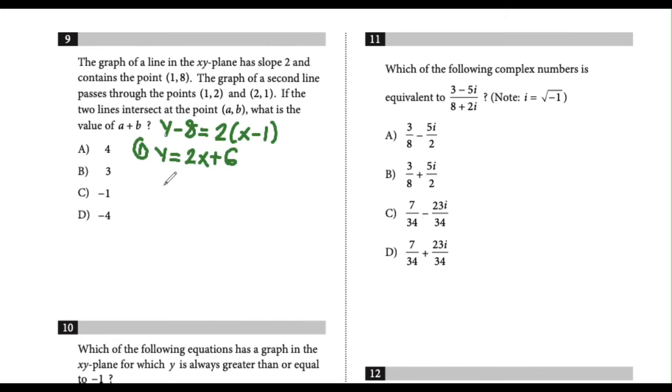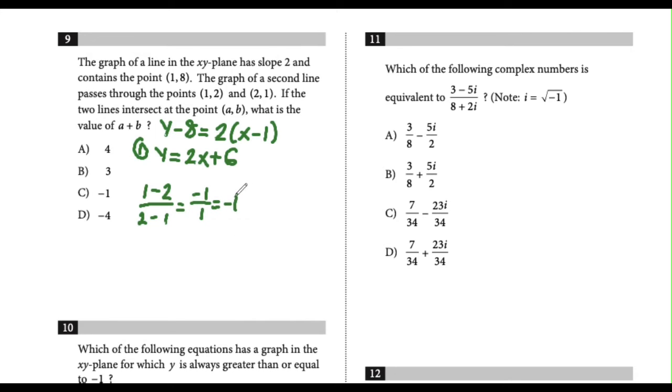Now we need to find the second equation. For the second line, we have points 1, 2 and 2, 1. So we need to find the slope between them. We're going to do y2 minus y1 over x2 minus x1. And we're going to end up with negative 1 over 1, which is just negative 1.